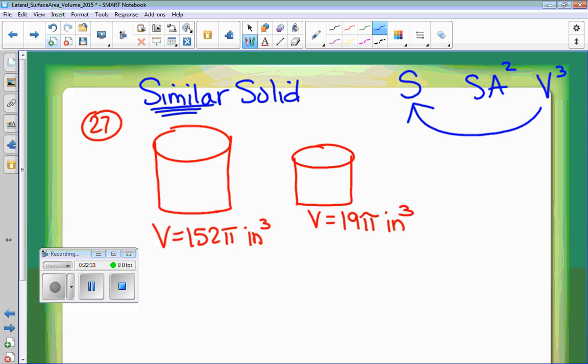Cube root. Okay, so I'm going to cube root the scale factor. So I'm going to cube root this, and I'm going to cube root this. And let's find the scale factor. I'm going to write it all over each other if that's okay. I'm going to use the fraction bar on my calculator.